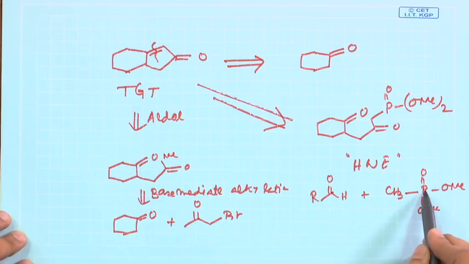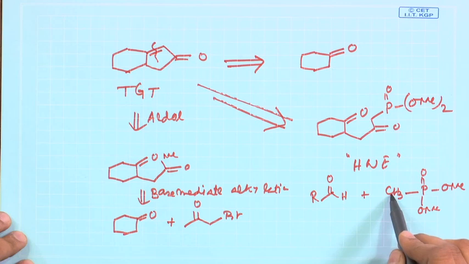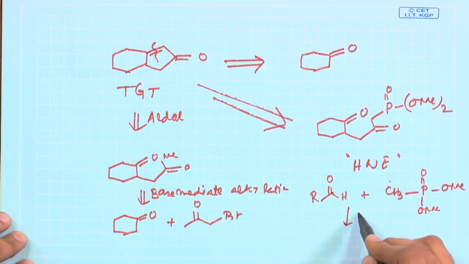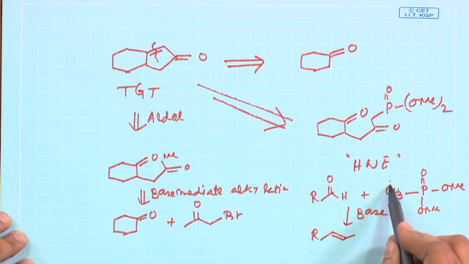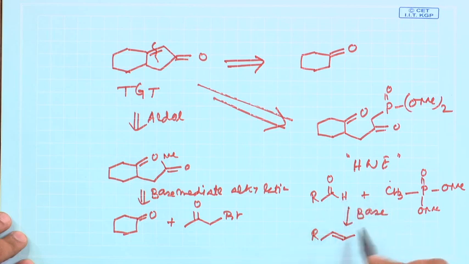You need a carbon-containing group attached to the phosphorus, which has an abstractable hydrogen, and if the reaction occurs in the presence of a base, this carbanion attacks here, and you basically get this particular olefin. But depending on the phosphonate which you choose, that gives you what target you will get.